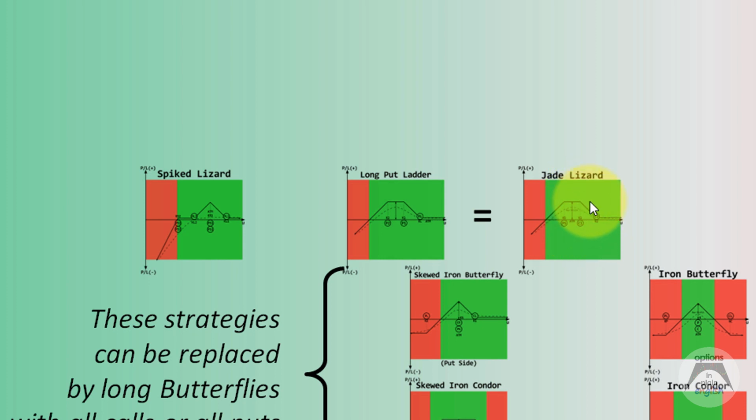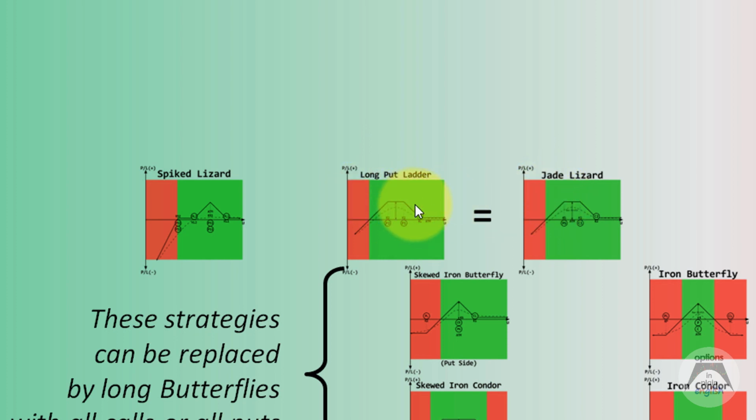In this case, you're not taking any risk on the upside, and you're taking the whole risk on the downside. The same thing happens with a long put ladder, but instead of a short call spread, you would have a long put spread. The cost of the long put spread is financed by selling another put at a lower strike price. These two strategies are synthetically the same.